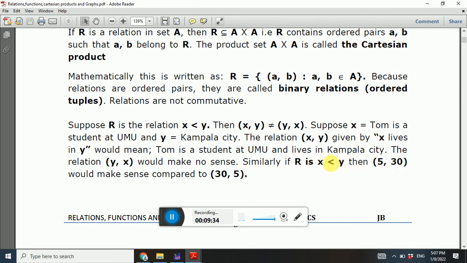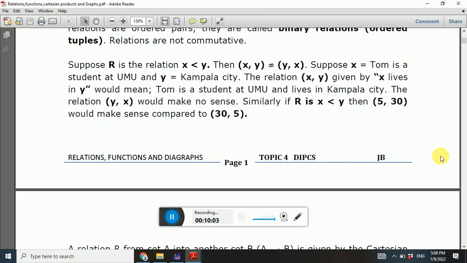If someone interchanges and begins with 30, 5, then this would not make any sense, because the relation says that X is smaller than Y. So this example is just to tell you that whenever you have pairs in a relation, you cannot interchange them. Okay.